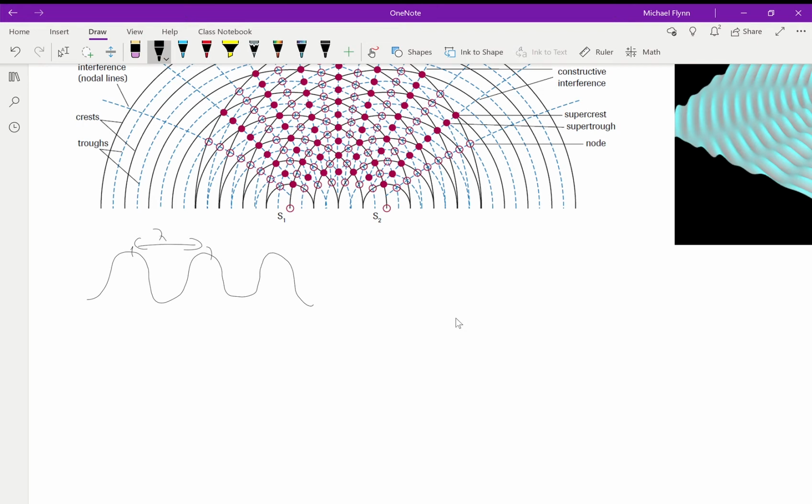And if I want to know the distance between the top of a crest and the bottom of a trough, that would be half of a wavelength, right? From there to there would be half of a wavelength. So just a couple of notes there that are relevant for this.